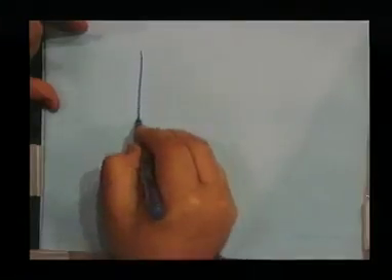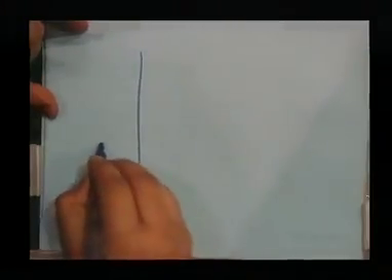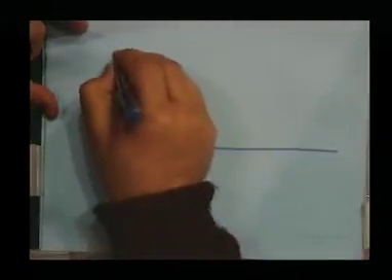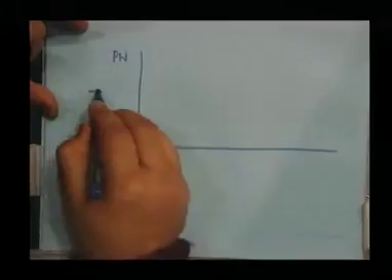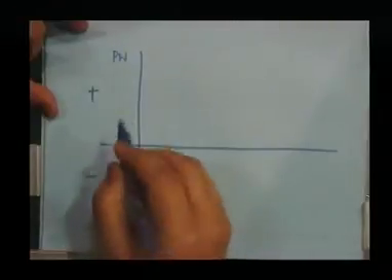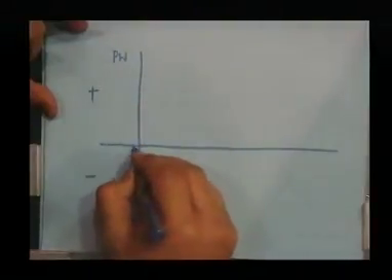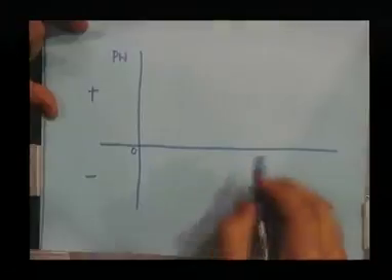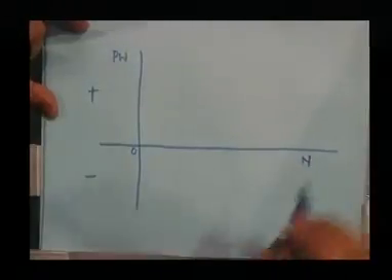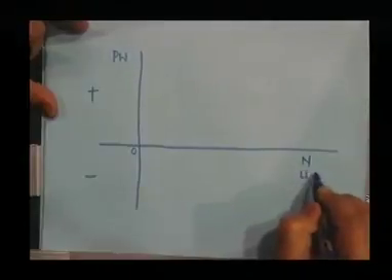On vertical axis, y axis, let us put present worth. This is in plus side, this is in minus side. This is 0. Here let us take n or the life.